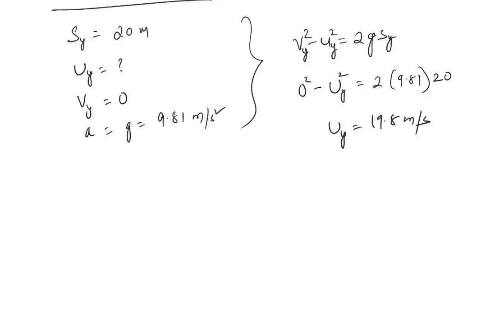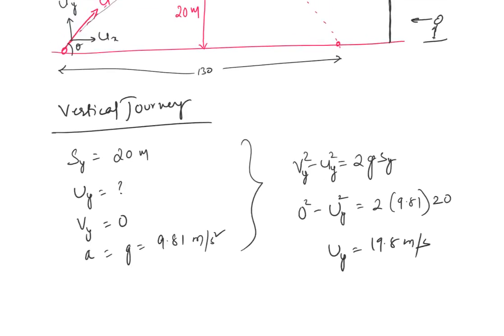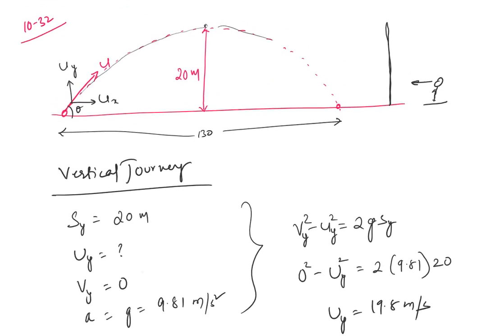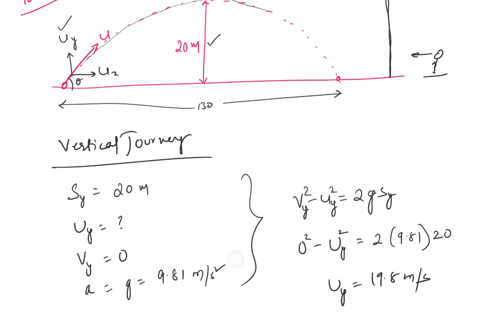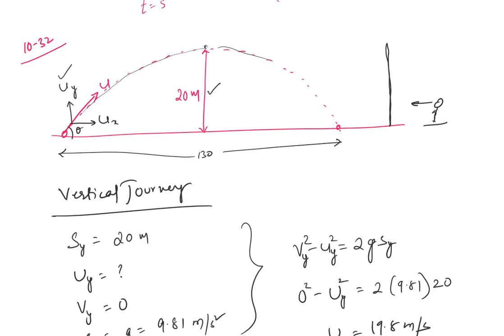So we know this part now. We have found out, just based on the vertical height it has reached, that's all we needed. In some way it really doesn't matter at what angle the ball was hit.